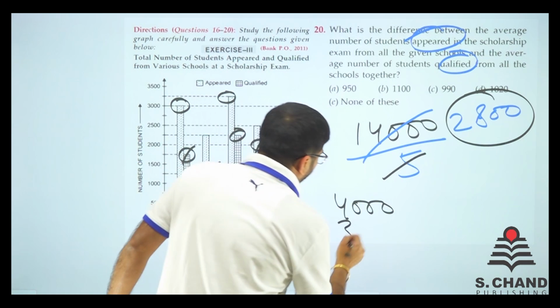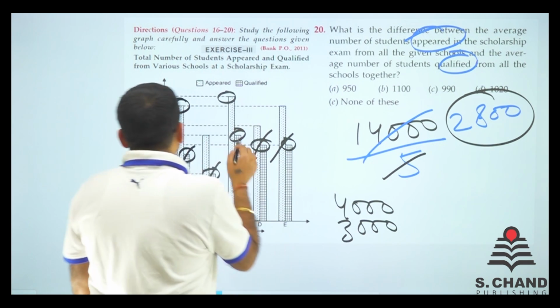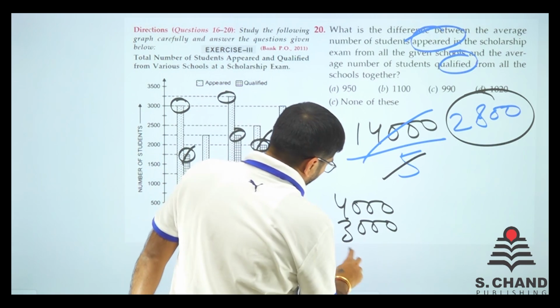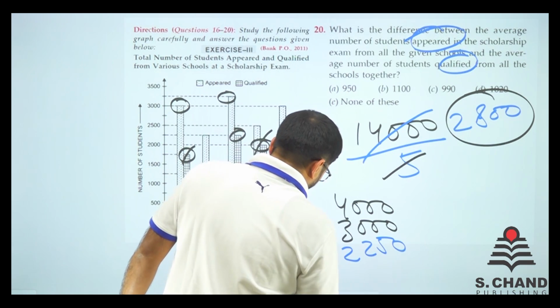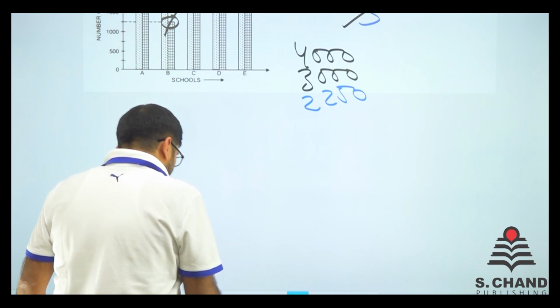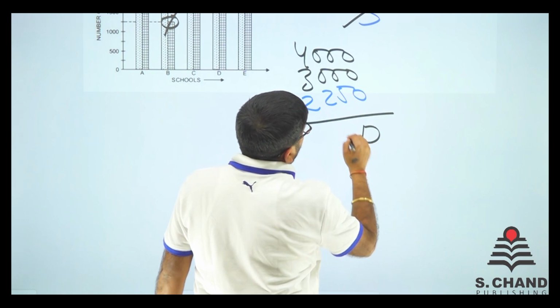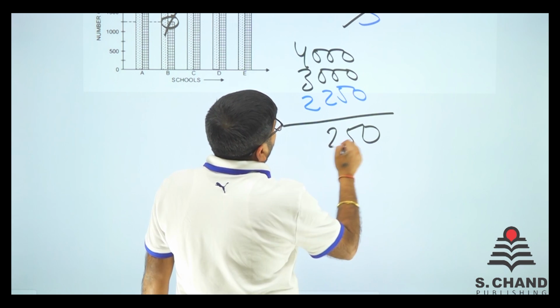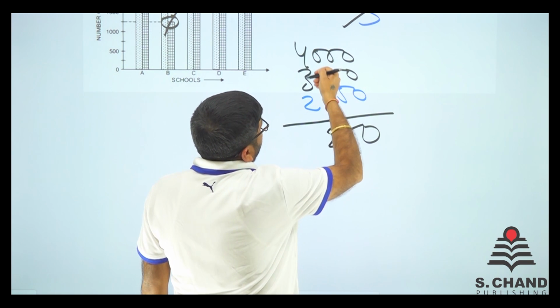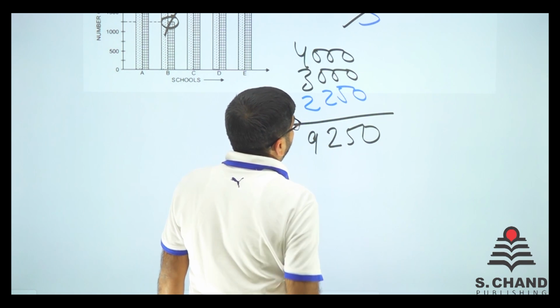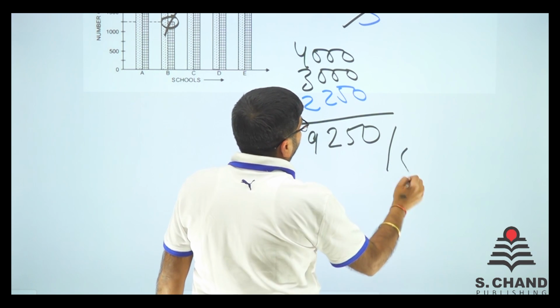So 3000 here. And one more is like 2250. So write 2250. Let's calculate that. It comes out to be 0 and 5 and 2 and 4 and 3, 7 and 2, 9. So 9250.